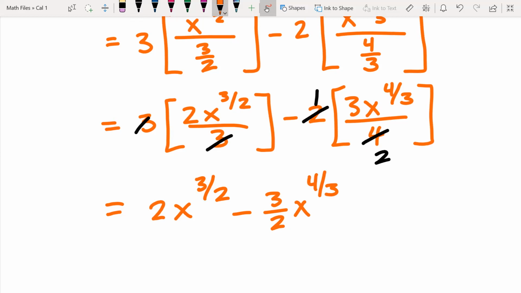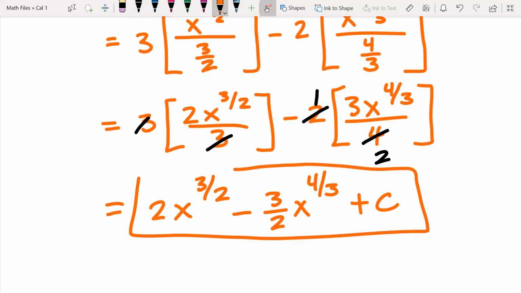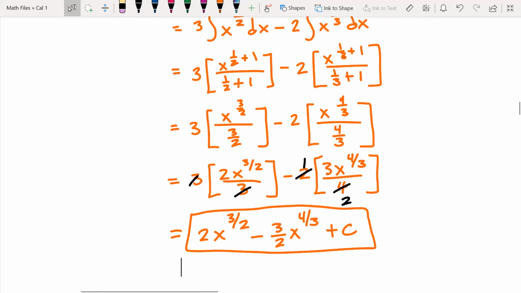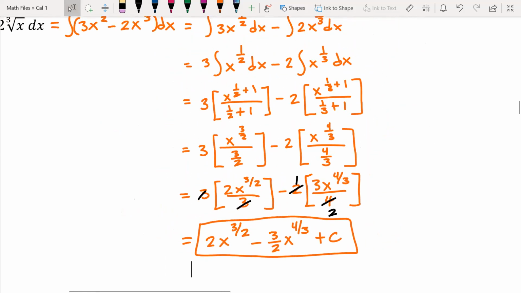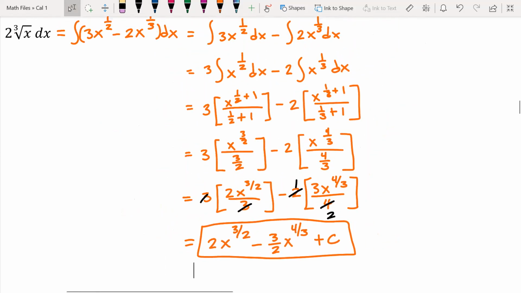And don't forget to tack on the C. There we go. I made use of the space.